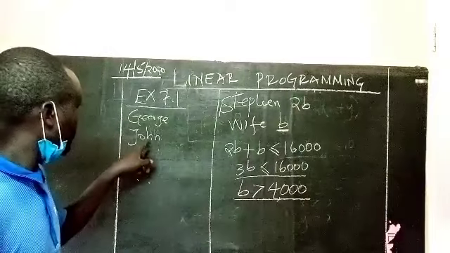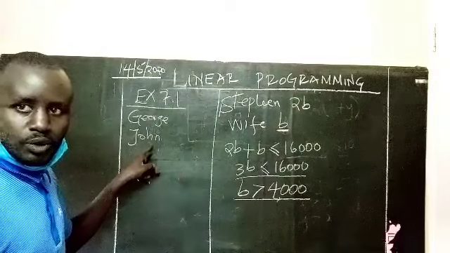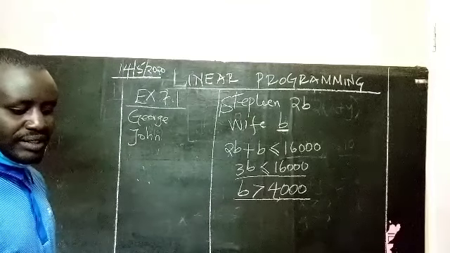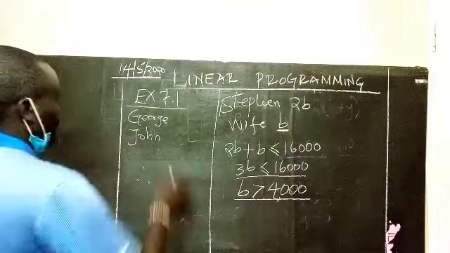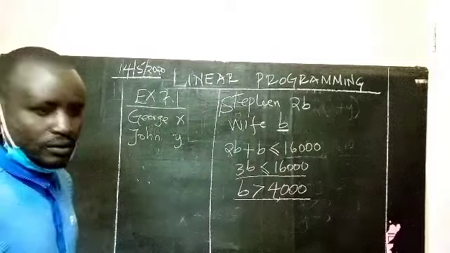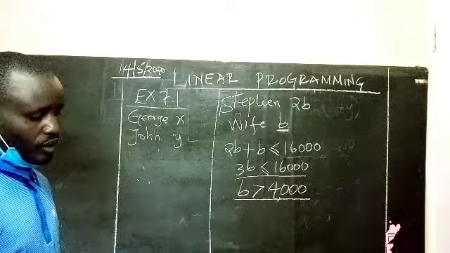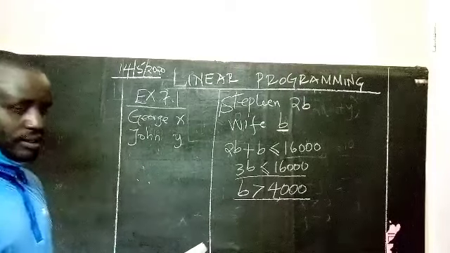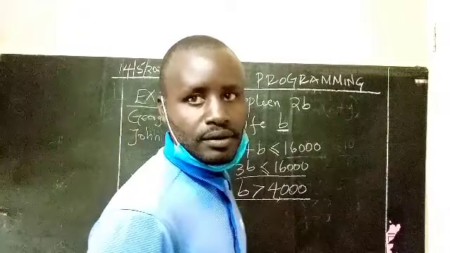John's marks is not less than 20, it is more than 20. If the marks scored by George and John were X and Y respectively, form all the inequalities representing this information.